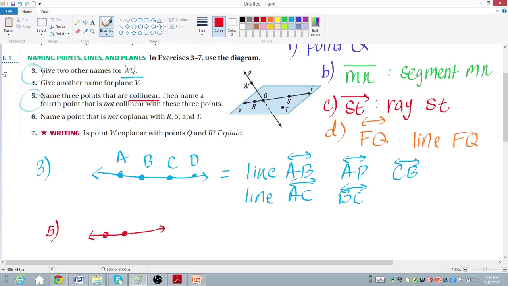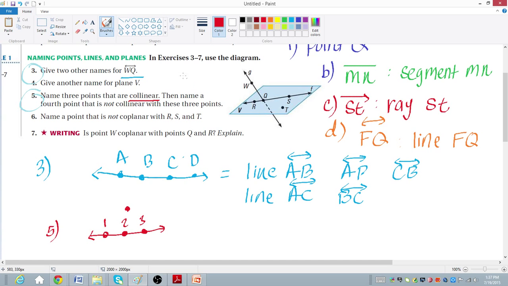These points are collinear because they're on the same line. Point right here. So these 3 points are collinear, but if I have a point out here, then these 4 points are not collinear. The 3 points, point 1, 2, and 3, are collinear, but not point 4.